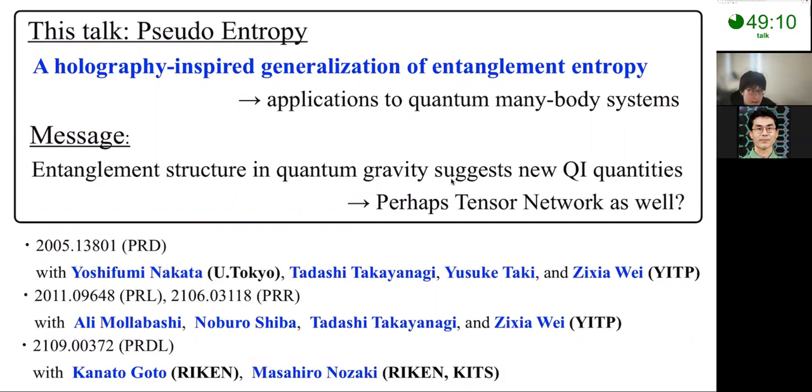So the main message is that probably we can do similar things. I mean, we can learn something new, quantum information theoretic quantities, from purely tensor network arguments as well as quantum gravity.